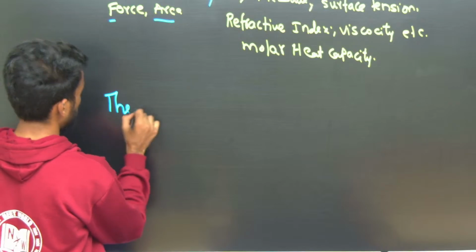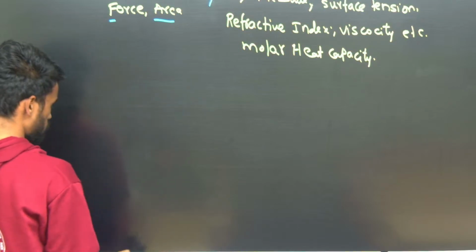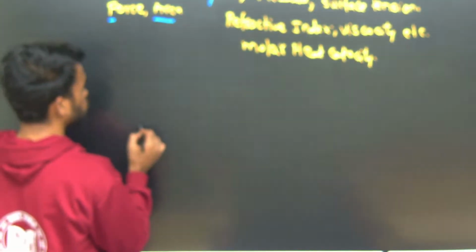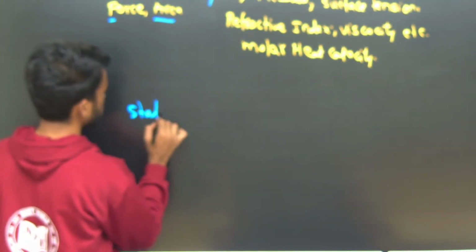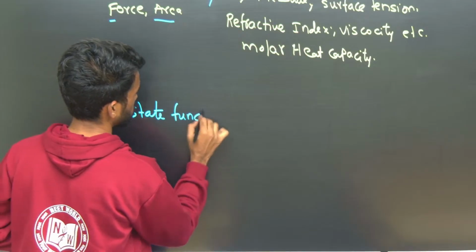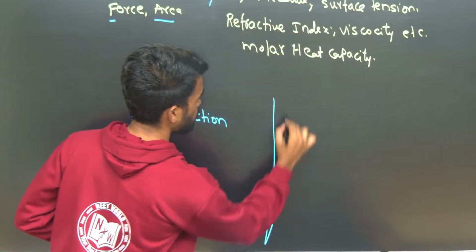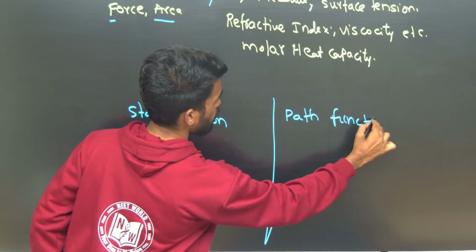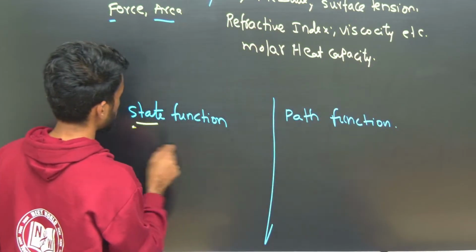Next, we have one more term, the state of a system, which is again divided into 2 things. One is state function and the other one is path function. So what exactly does state function mean?